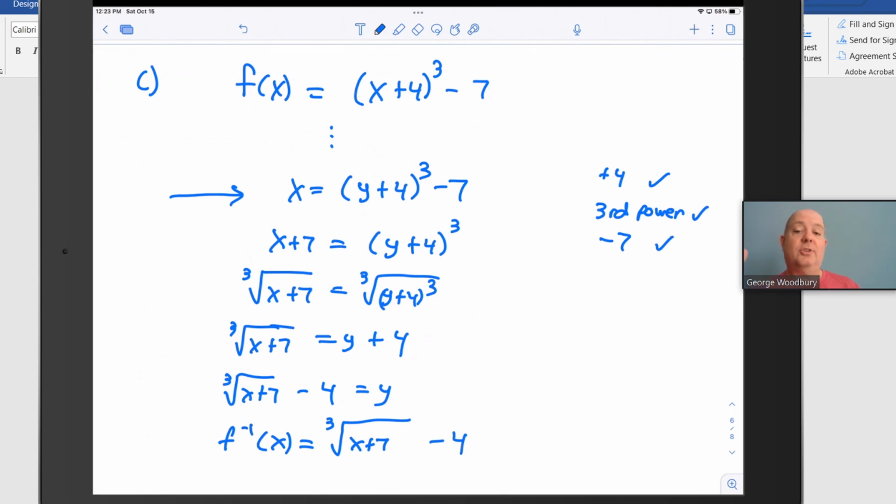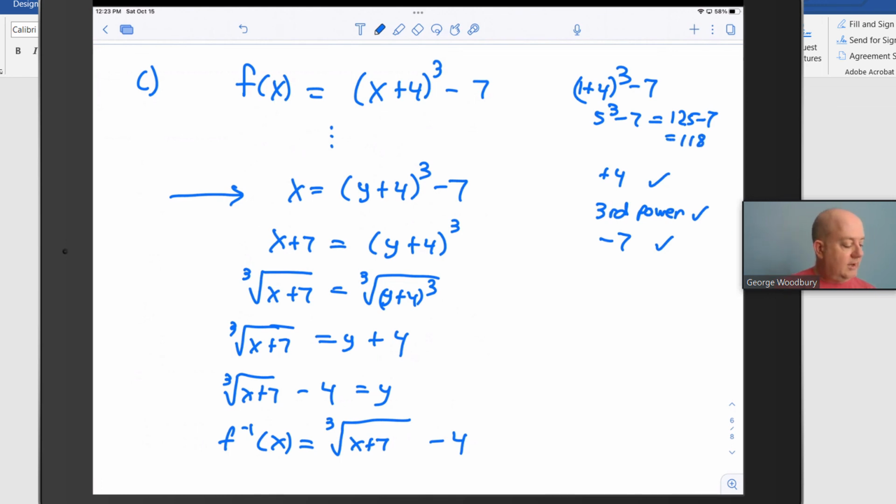If you wanted to check this one, pick a number to plug into f of x first. If you're trying to work with f inverse, it's going to be tough to come up with one where it's a perfect cube inside the radical, and it's easier to check going the other direction. So let's say we plug in 1 for x. 1 plus 4 to the third power minus 7. 5 cubed minus 7 is 125 minus 7, or 118.